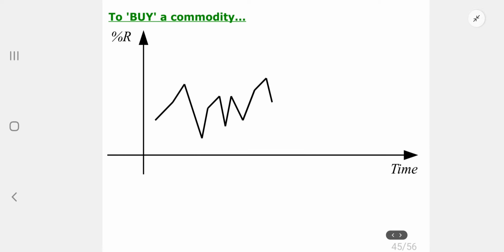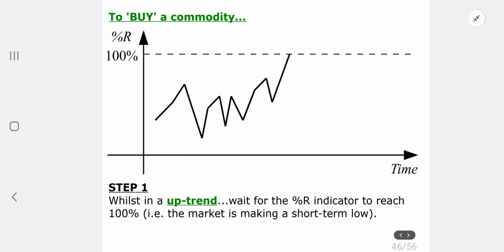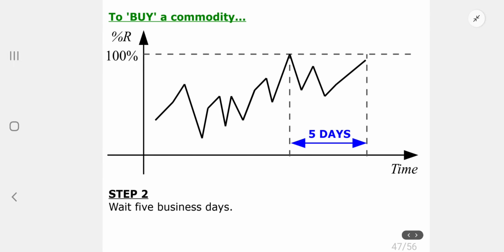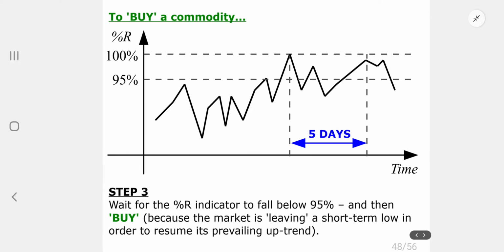To buy a commodity. Step 1. Whilst in an uptrend, wait for the percentage R indicator to reach 100%, i.e., the market is making a short-term low. Step 2. Wait 5 business days. Step 3.